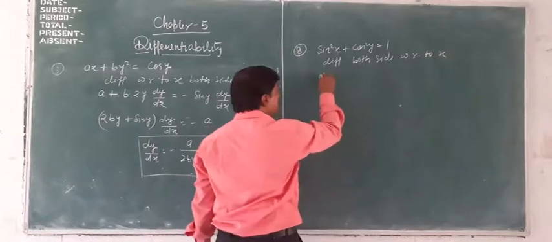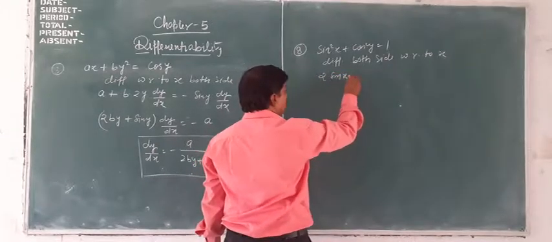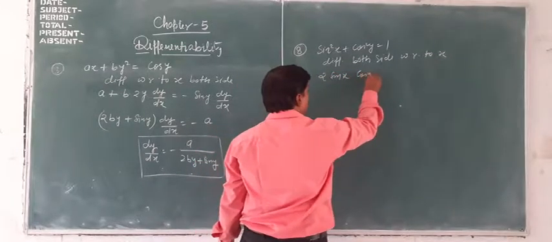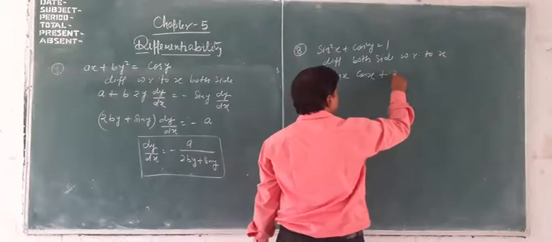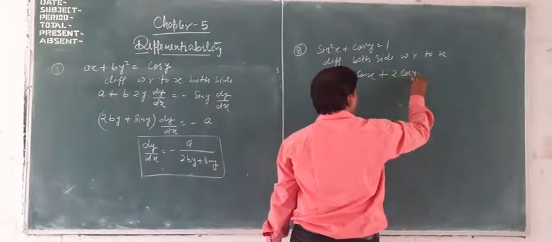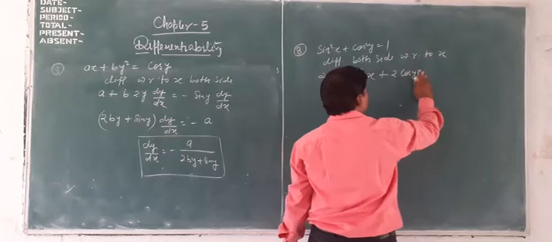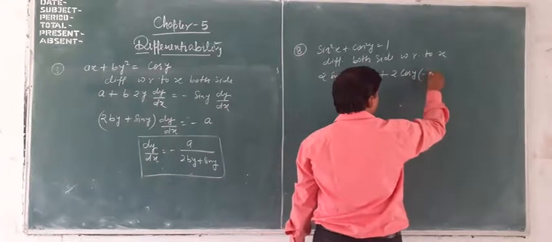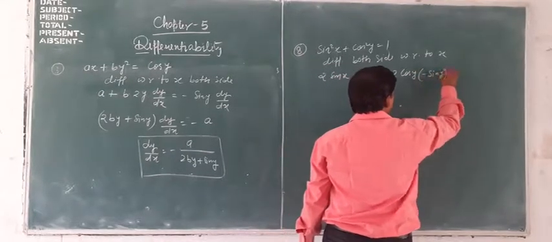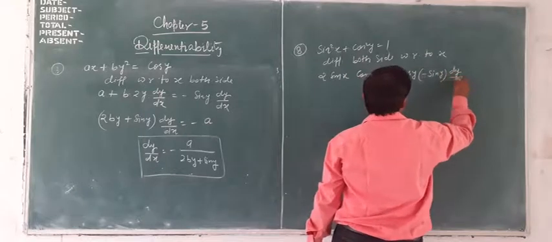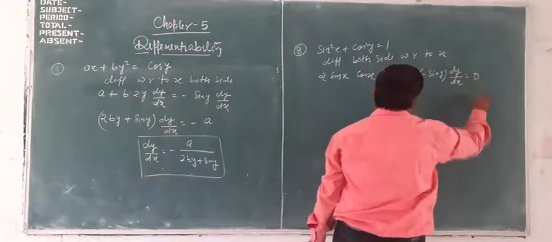हम differentiate करेंगे तो this is the 2 sin x, और sin x का क्या होगा, cos x, plus 2 cos y, और cos y का क्या होगा, minus sin y. उसके बाद y का भी होगा dy by dx equal to 0.